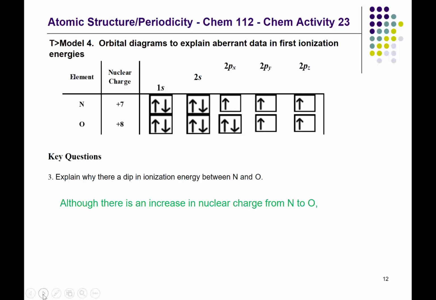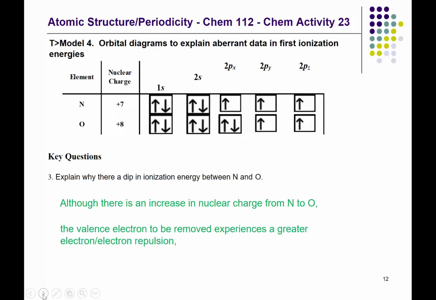And so yes, the nuclear charge does go up, but because of this greater repulsion, it's easier to remove that electron. And so we can make a statement something like, the valence electron to be removed experiences a greater electron-electron repulsion, and therefore a smaller ionization energy is required.